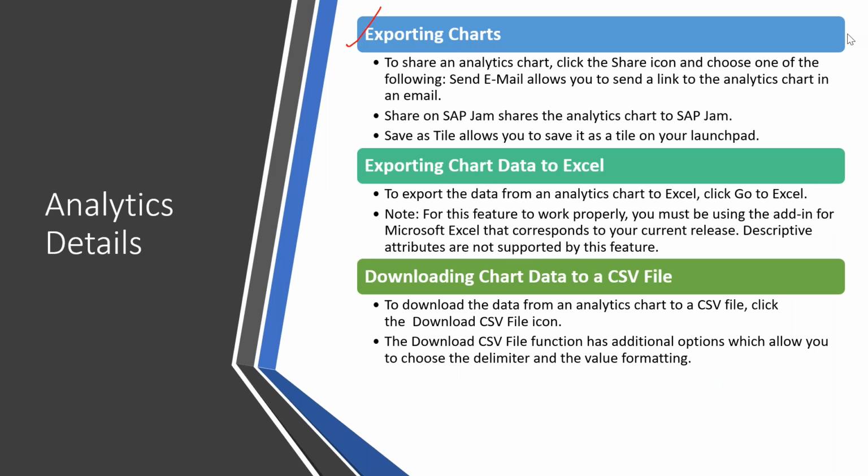Okay. So exporting chart data to Excel, we have seen that. But while you're creating the chart, you have to map the relevant Excel template that goes inside it, and with that, by click of a button from the web interface, you can get into the Excel interface to do more detailed planning there. Then you can download the chart data to a CSV file. We have seen that.